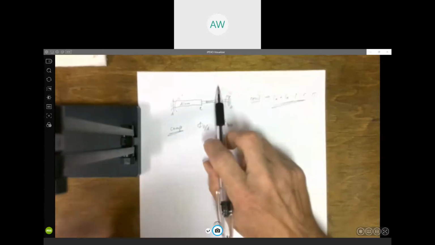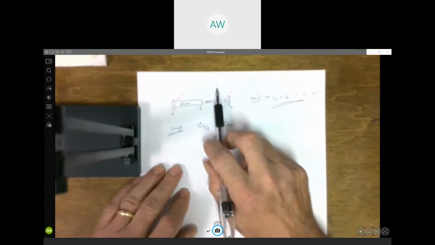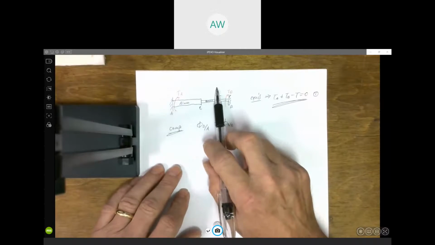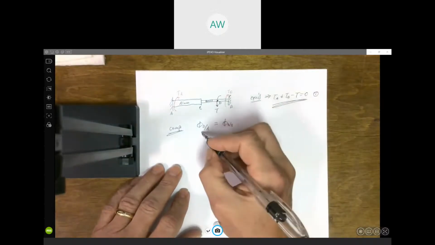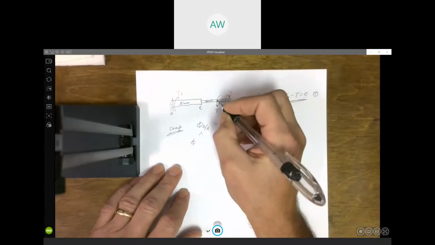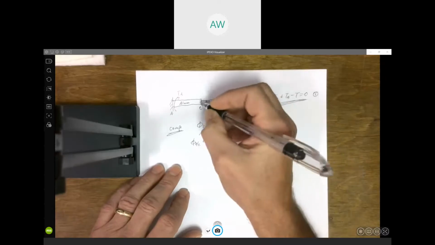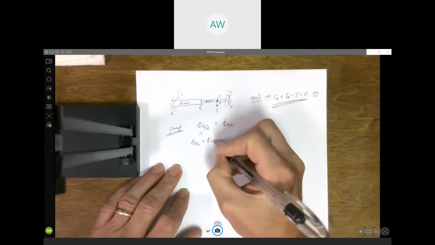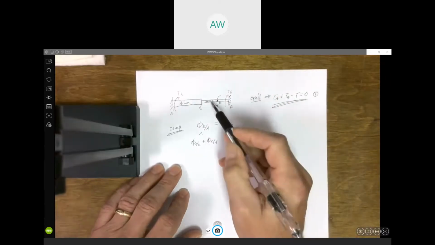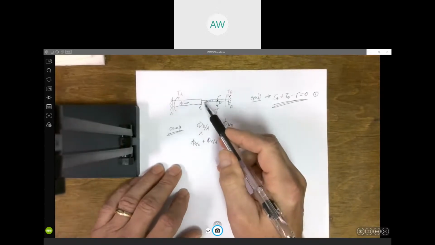But here at D, everything to the left is not the same material or the same size. So you would get the angle of twist of D with respect to C and add the angle of twist of C with respect to A, because the material changes and the size changes.